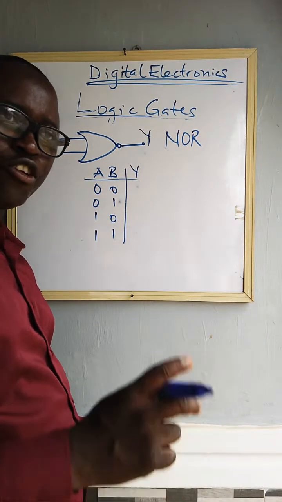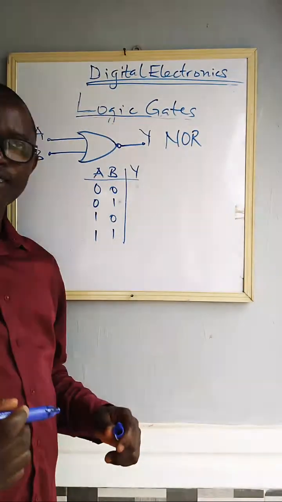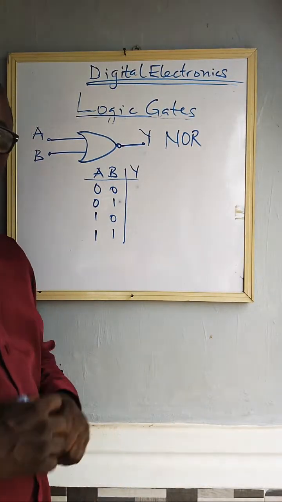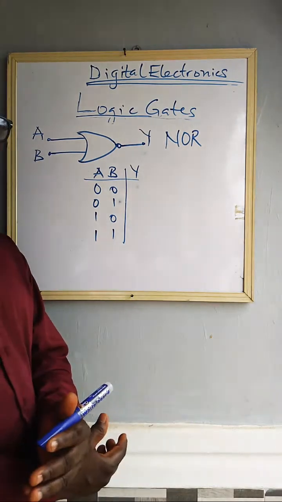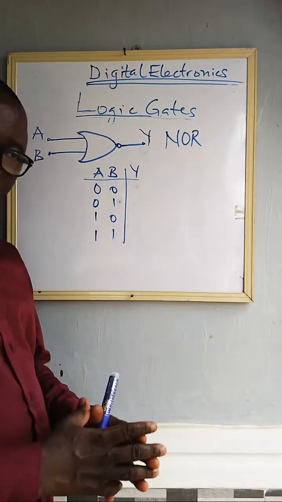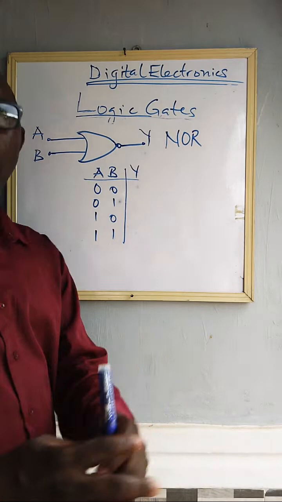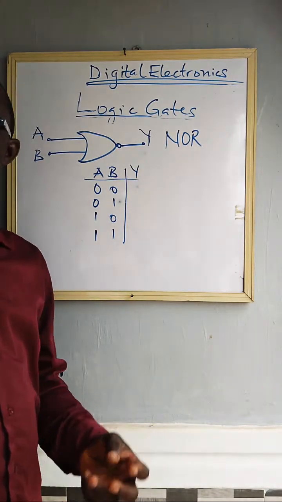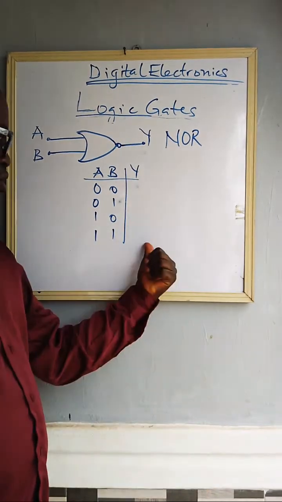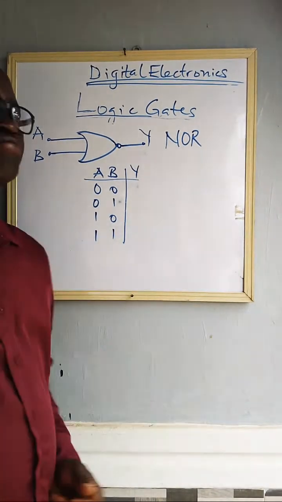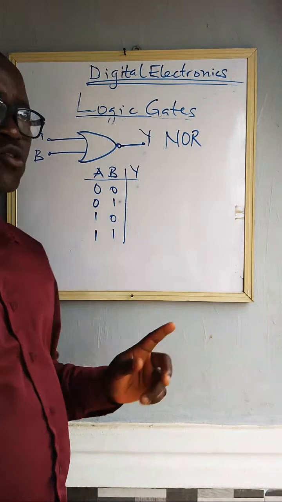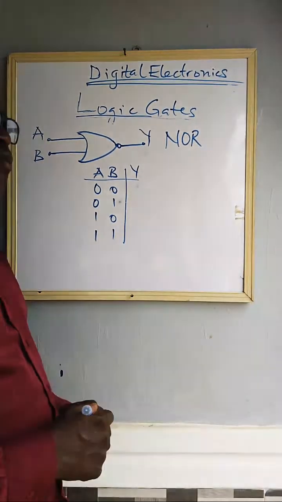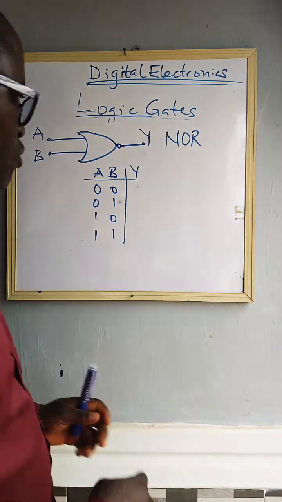A logical NOR gate gives us the direct opposite of the output expected with an OR gate. So when the OR gate is supposed to give a low, the NOR gate will give a high. When the OR gate is supposed to give a high, the NOR gate will give a low. That is inversion of the functionality.